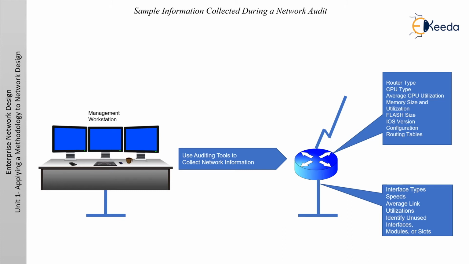For the router: what is the type of router, CPU type, average CPU utilization, memory size and utilization, flash size, IOS version, configuration, and routing table. For the link: interface type, speed, average link utilization, and identify unused interfaces, modules, or slots. So using all these things, we can collect the information during the network audit.